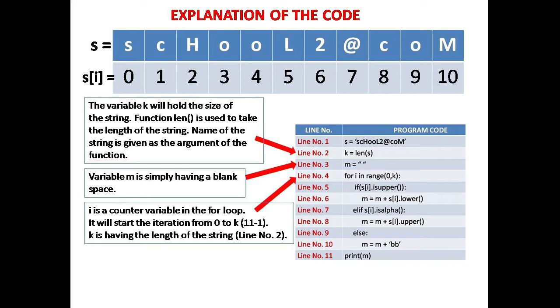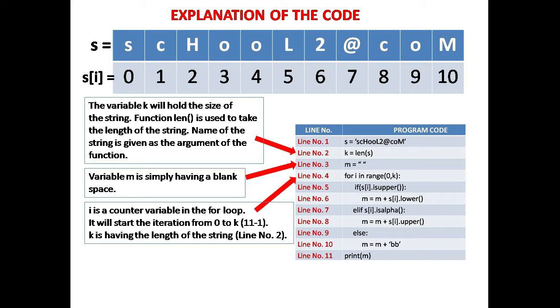Line number 4 is a for loop where you can see for i in range(0, k). That means the loop will iterate from the first character of the string up to the last character of the string, because k is having the size of the string.